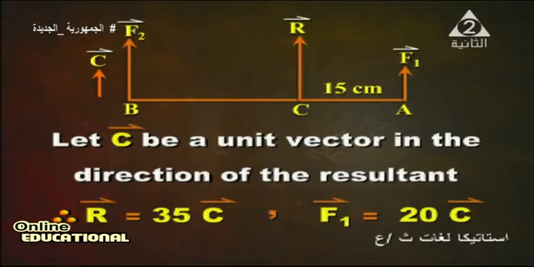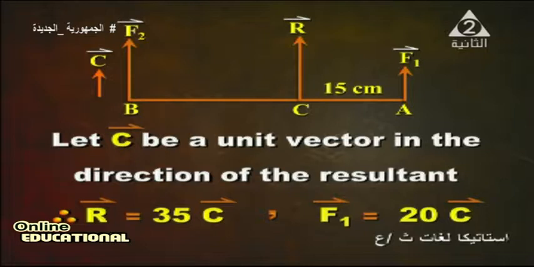vector. Look, my dear student, in this case we can find F2 by subtracting 35 minus 20. Why? Because when the two forces are parallel and alike, R equals F1 plus F2. Therefore, R equals F1 plus F2: 20 plus what equals 35?